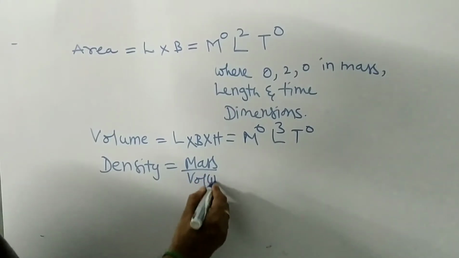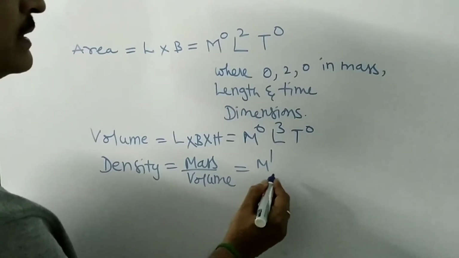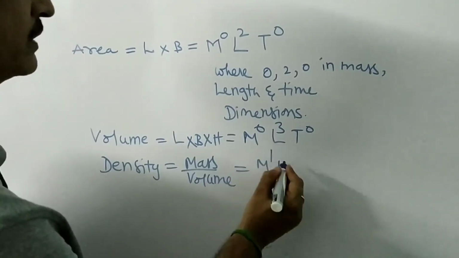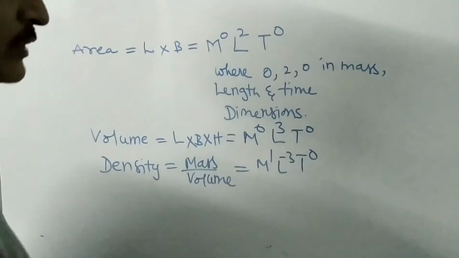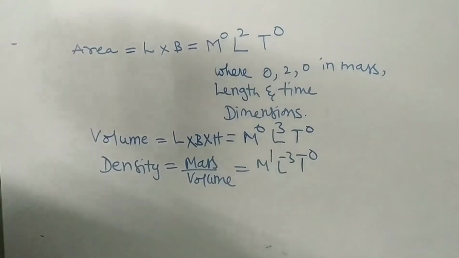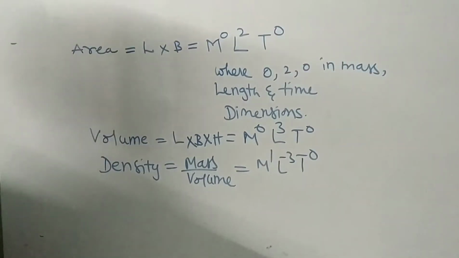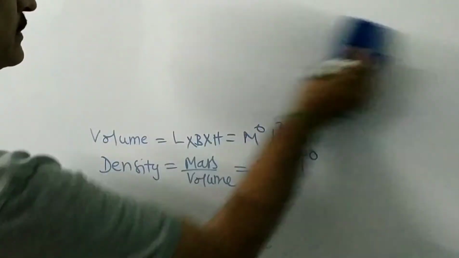Mass is M to the power of 1. Volume is L to the power of 3, so it goes up as L to the power of minus 3, and the time factor is 0. So the dimensional formula for density is M to the power of 1, L to the power of minus 3, T power 0.